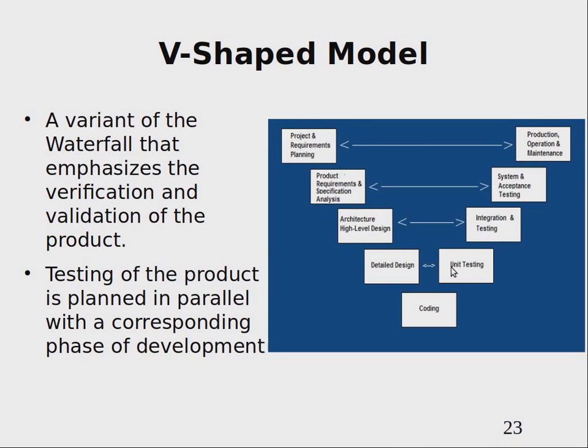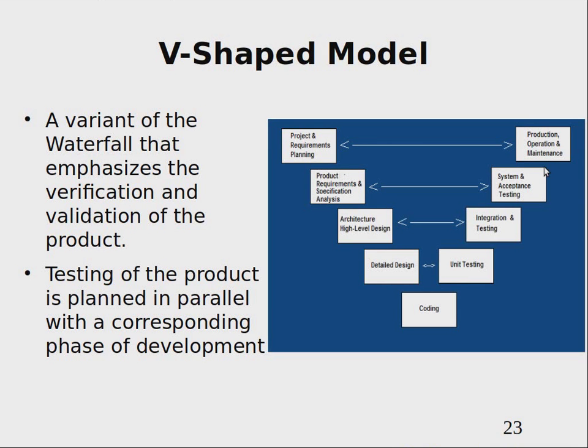For example, when you start doing testing, if you do unit tests, you need to look into detailed design. When you do integration testing, you need to look into architecture and high-level design. When you are doing system acceptance testing, you need to look back into product requirements and system specification.